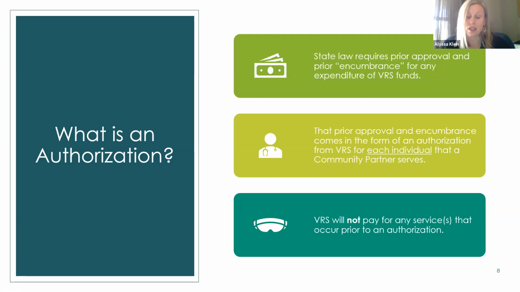It's also called an encumbrance, a prior encumbrance for any expenditure of funds. So that approval and encumbrance comes in the form of an authorization from VRS for each individual that a community partner serves. We are not able to pay for any service that occurs prior to an authorization.